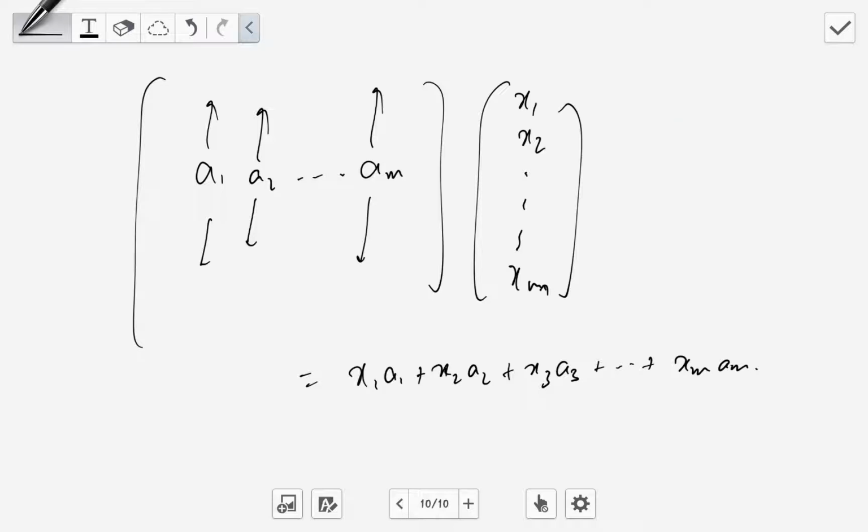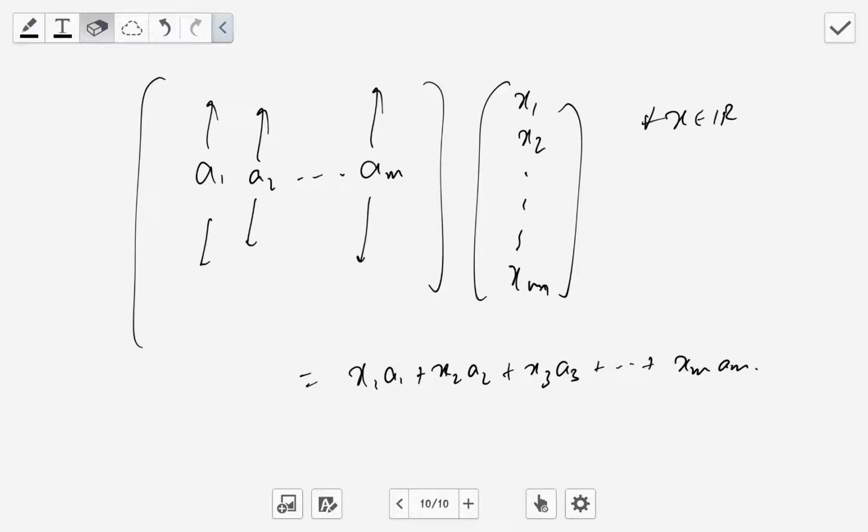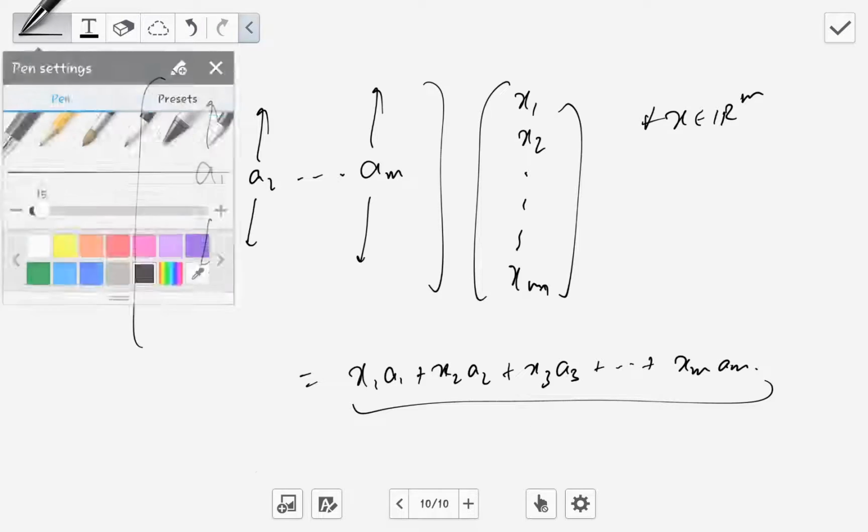Since this holds for all X belonging to R M, we had this as the column space of A.